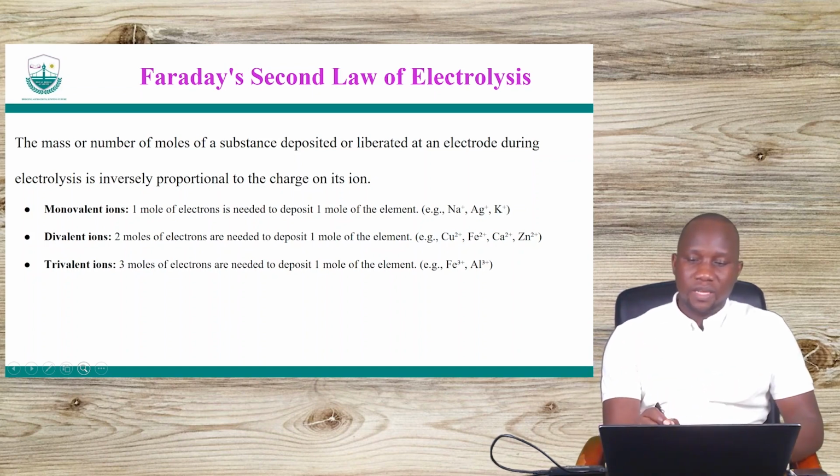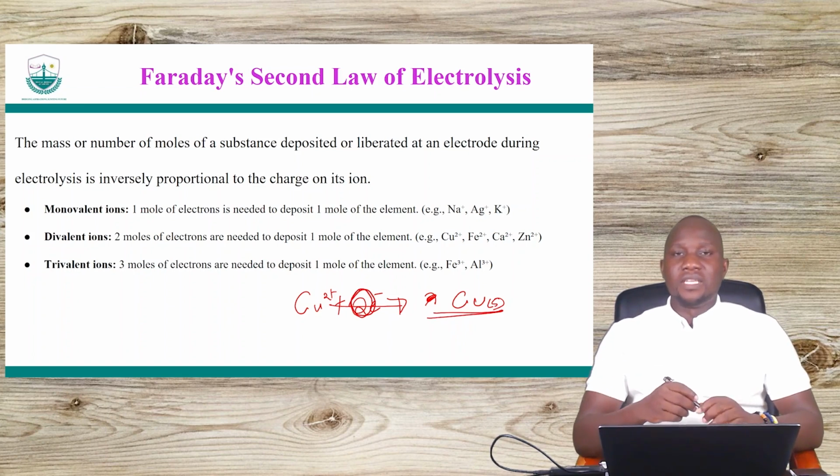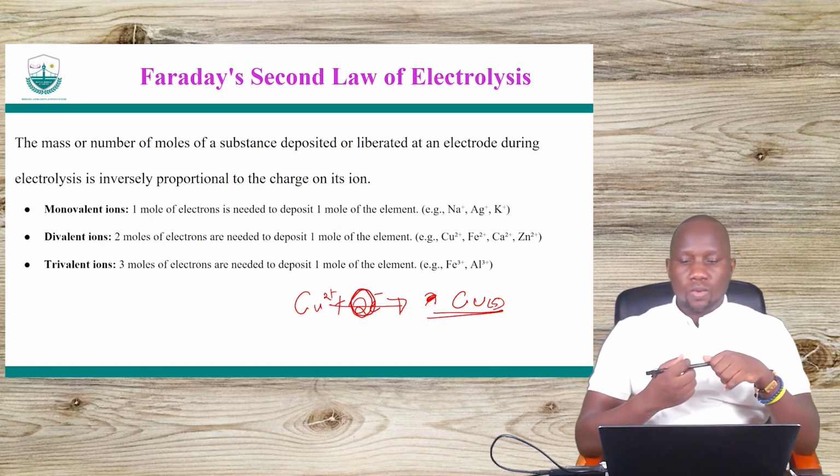So for example, for copper to be deposited, you need electrons here, right? These electrons have to be 2 to balance out that charge. So you need 2 moles of the electrons to deposit 1 mole of the element copper. That's what it means.